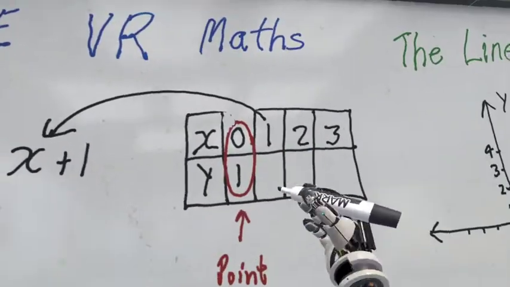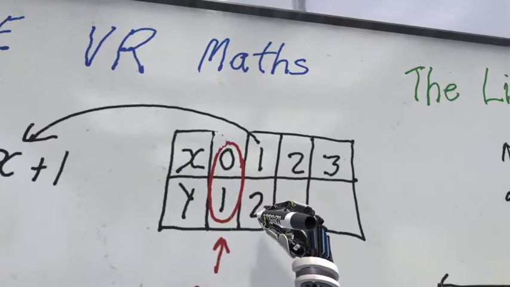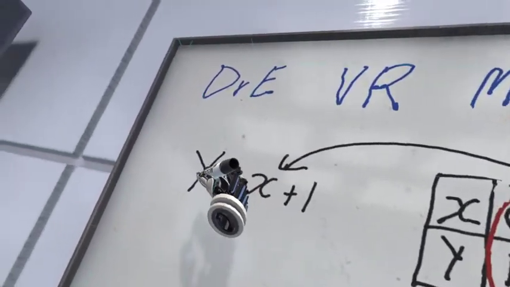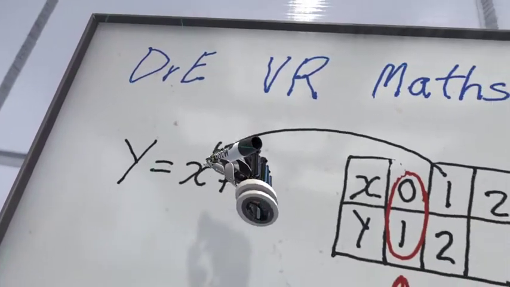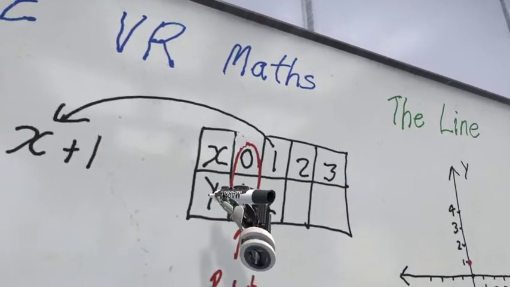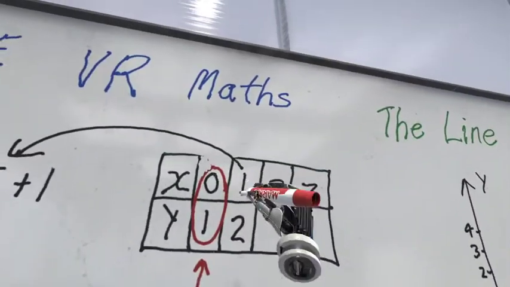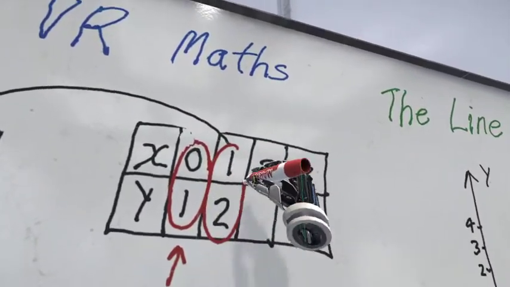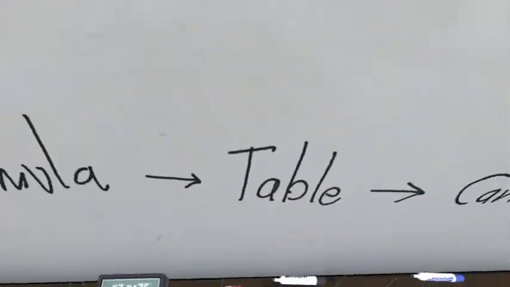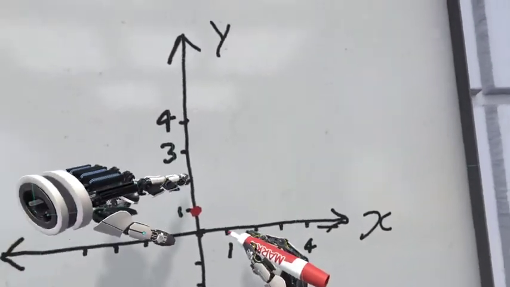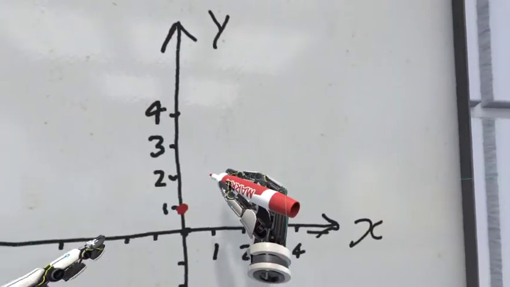What is 1 plus 1? Well, you should know that. 2. So now we've got another point because the Y value equals X plus 1. So there's our Y value. We're putting the Y value in our table each time. So this is our next point, 1, 2. So there's 1, there's 2. Where do they join? There.